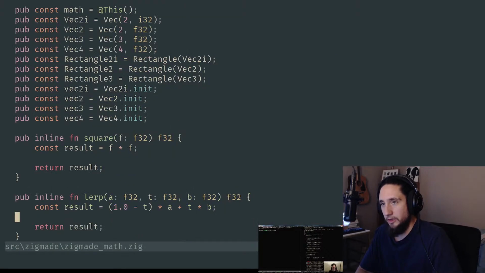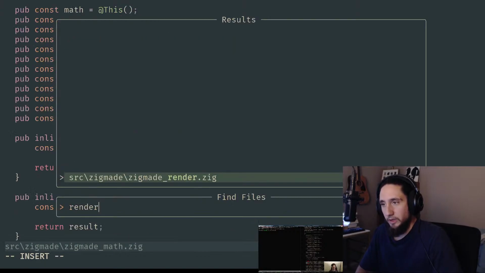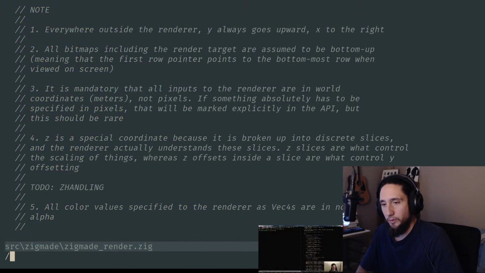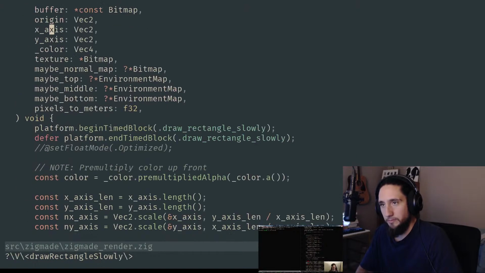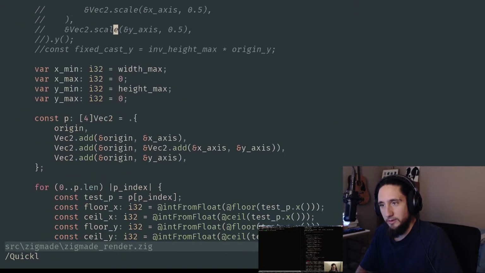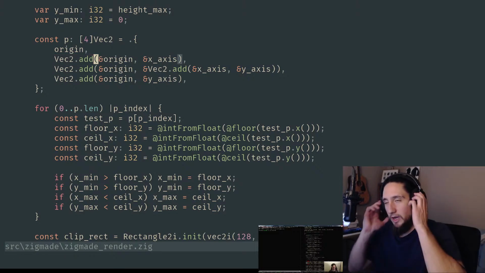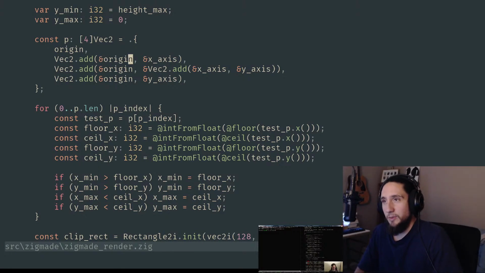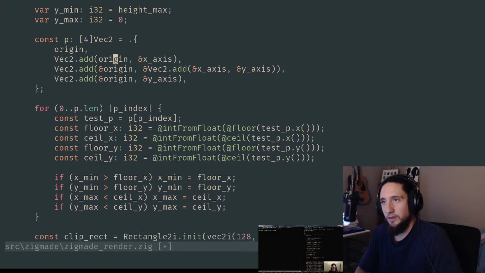To do that stuff in Zig, I was having to, let's see, where would it be, like in render, where I'd have, yeah, I think if we went down into like draw rectangle slowly, or maybe quickly, yeah, if we went down here, I'm to add vectors, I can't just add my origin and my x-axis. I have to call add off of the vec2 type that I've defined, and then I have to pass in the reference to these things, and that it doesn't have to be a reference. That's just the way that I have this set up.